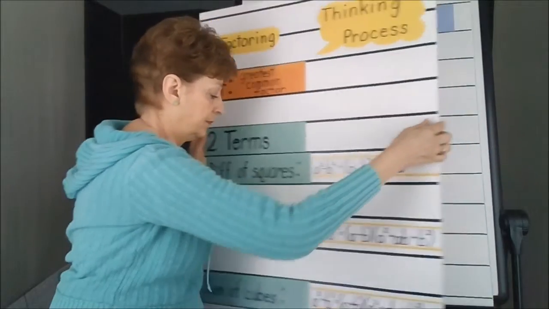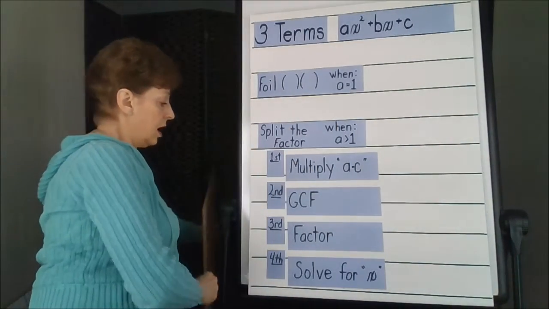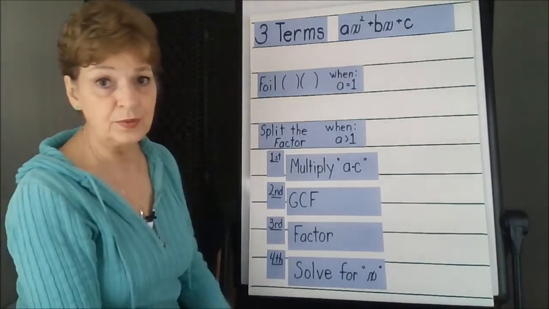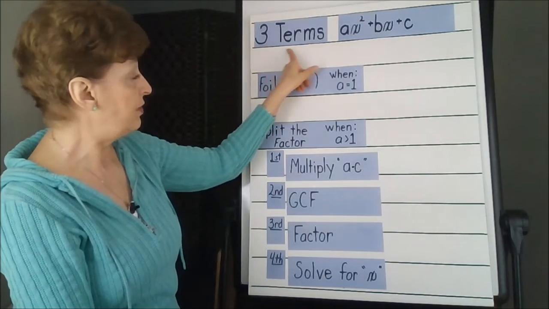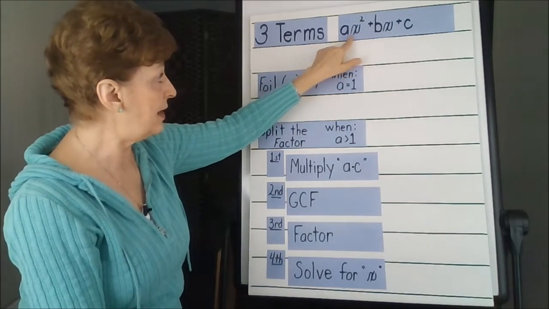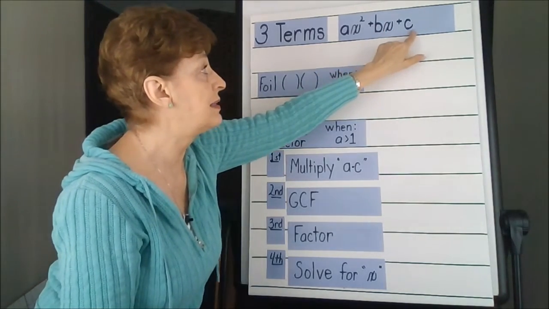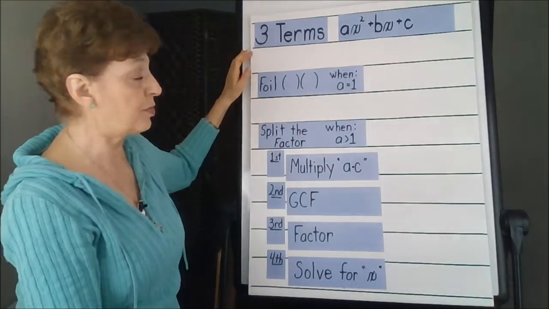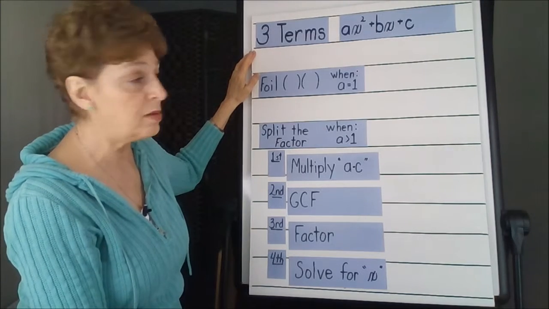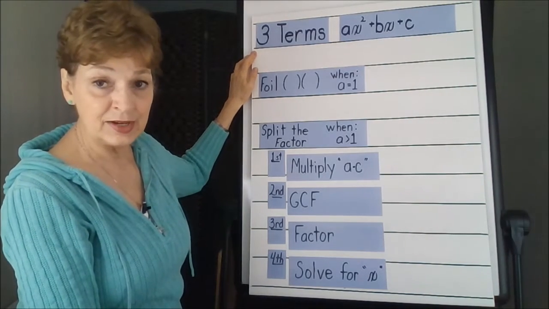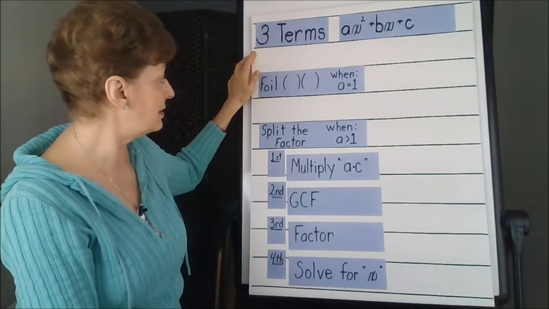Next, our thinking process leads us to three terms. If you have three terms, here's one, ax squared, plus bx is our second, and plus c is the third, so three terms in this polynomial. In that case, there's a couple of ways of attacking this.